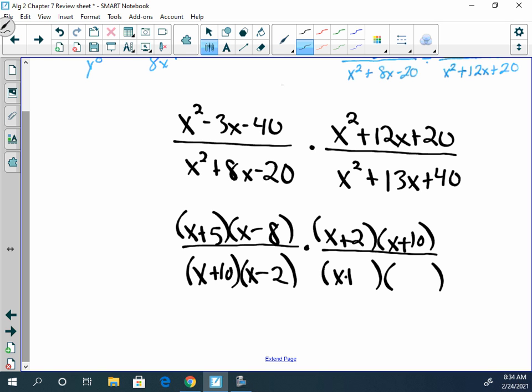And again, both are going to be positive, since 40 is positive and the middle term is positive. And the only factors of x squared are x and x. And factors of 40 that we're going to use are 5 and 8.